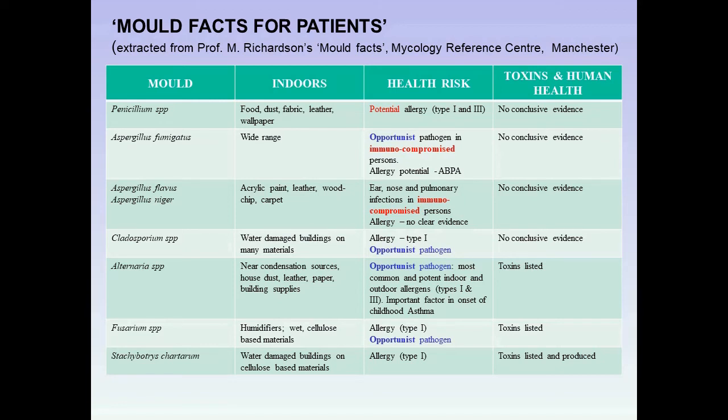Again, moulds on the left, and what do we say for the health risk? Potential allergy, immunocompromised for Aspergillus fumigatus. Again, going down the list, we can see opportunist, and toxins and human health, no conclusive evidence frequently. Alternaria, toxins listed, Fusarium, toxins listed, and Stachybotrys chartarum, toxins listed and actually produced.